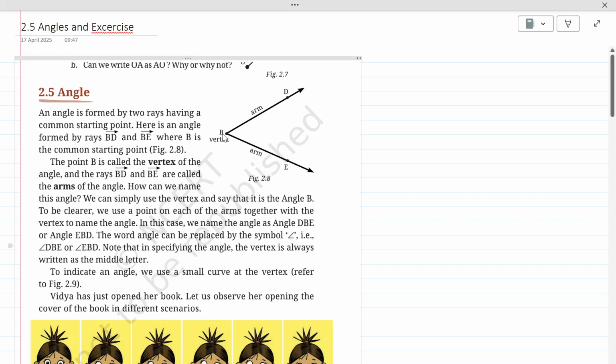Okay, so the angle which is formed by these two arms will be here. So this is the angle.